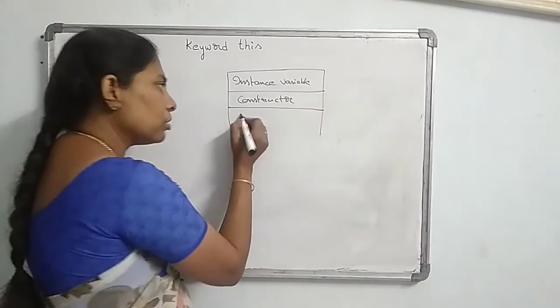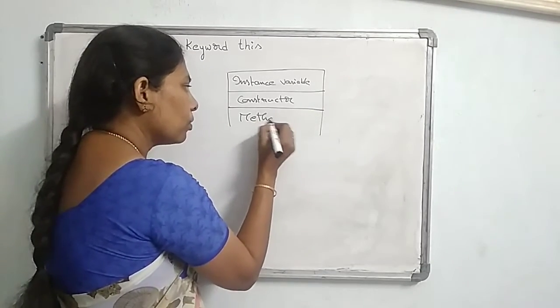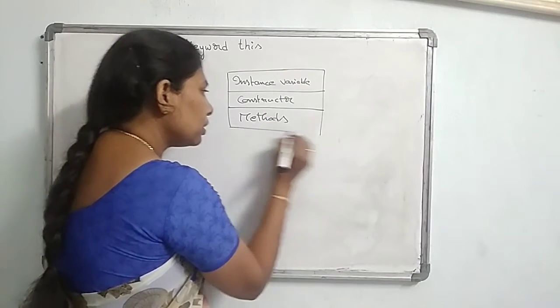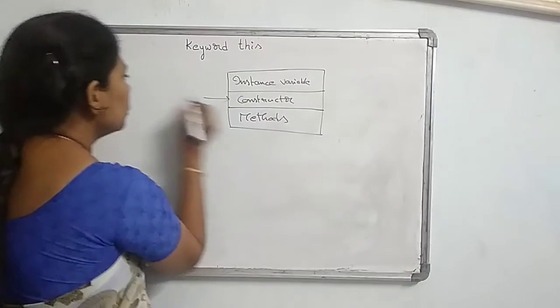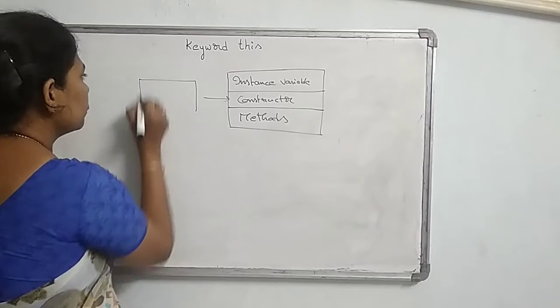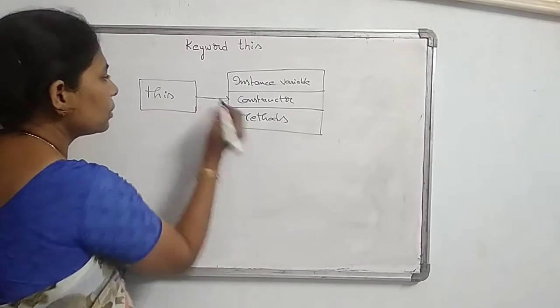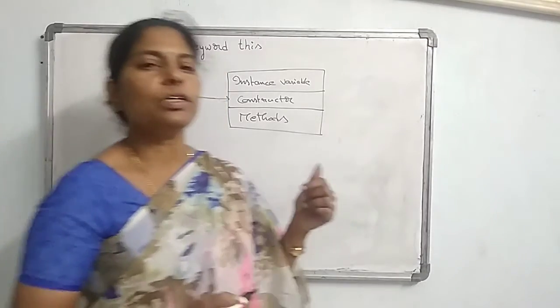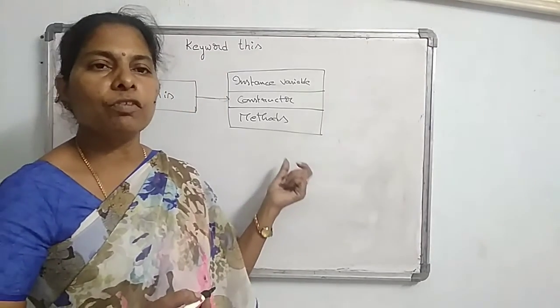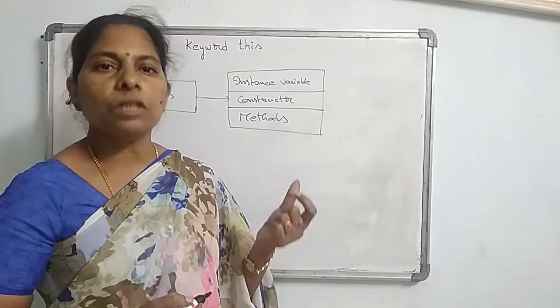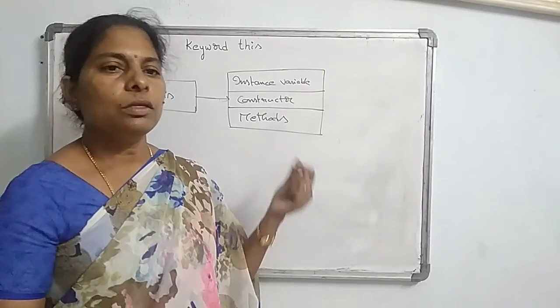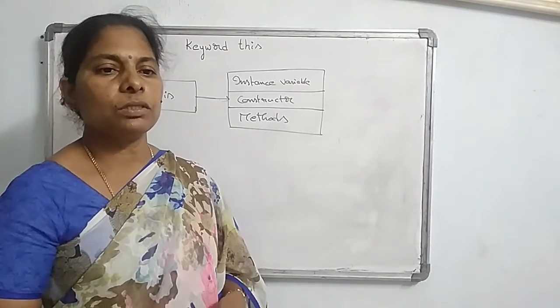Next, you can also use the methods. All these three are referred to by the this keyword. So if we are using this anywhere within the program, it will refer to the object of the present class. Now we will discuss an example of this.